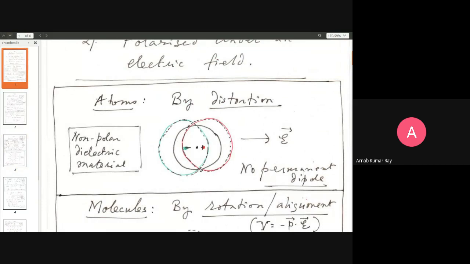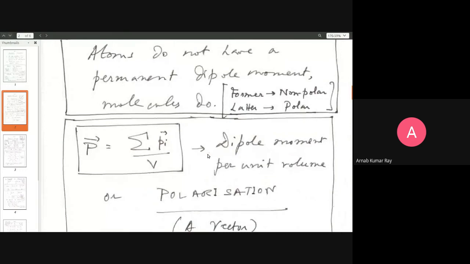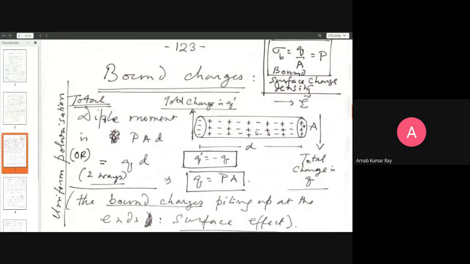You can't separate them. But the effect of the electric field is to just cause a little bit of disturbance and a little upheaval, a distortion. So the positive charges will be pushed forward and the negative charges will be dragged backwards. And so here you have something similar. So you have positive charges pushed forward and negative charges drawn backward.